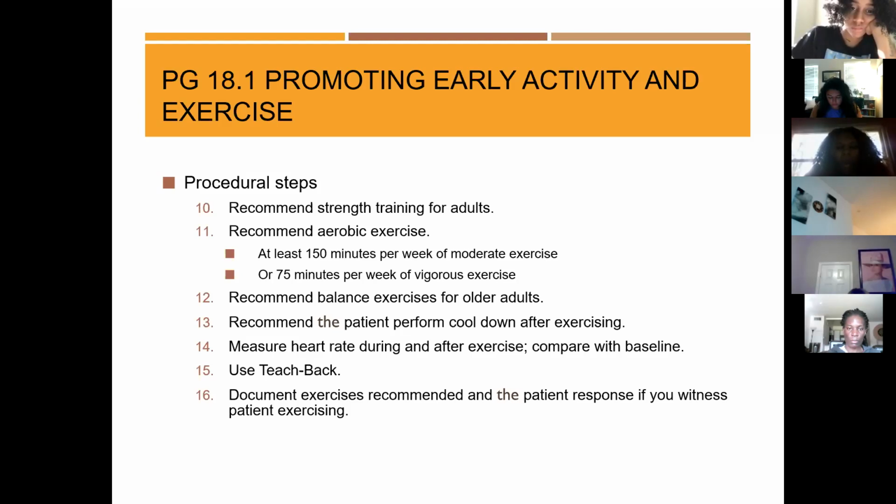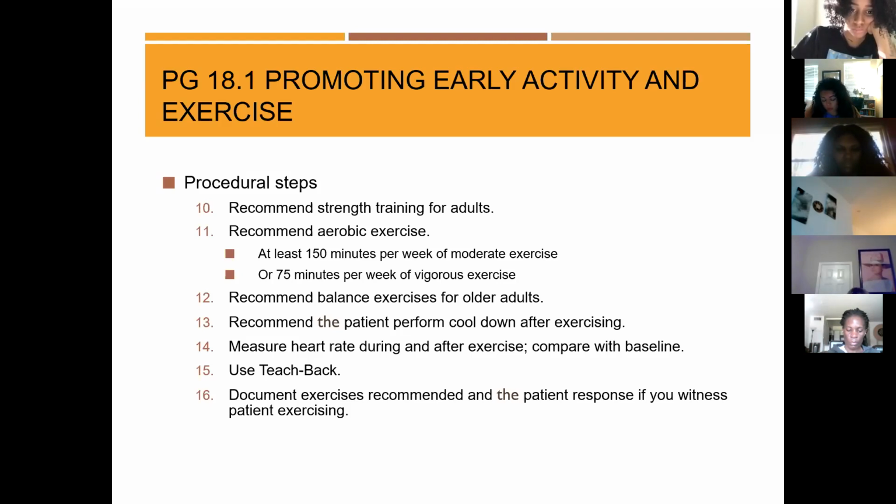Keep measuring their heart rate during and after exercise, right? Compare it with the baseline, right? If their heart rate begins to get greater than 20% of what their baseline is, then you don't want them to continue. You want them to sit down. So make sure that you tell your patient that, so that we don't cause any other problems. Just make sure that you're teaching your patients to monitor their heart rate while they're exercising, which most people can do with a Fitbit nowadays, or a smartwatch of some kind.